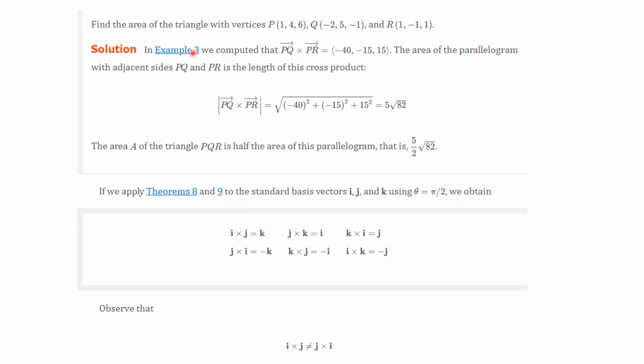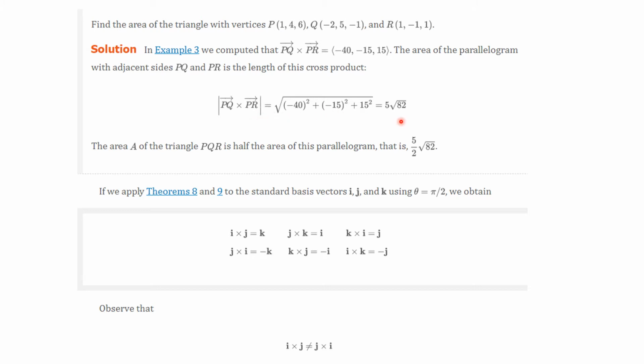The triangle is half of the parallelogram. And we know from the previous example that this was the vector. So the area of the parallelogram is twice that of the triangle. So if we do this, it's the magnitude of these. And it's actually just the magnitude of this vector, I should say.